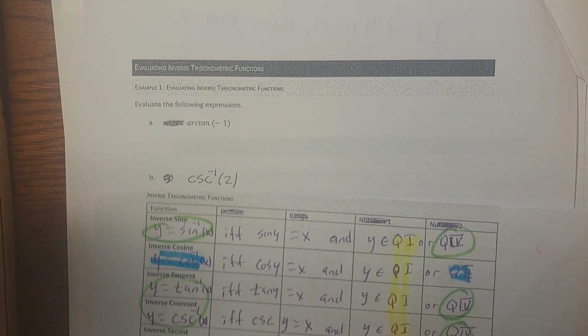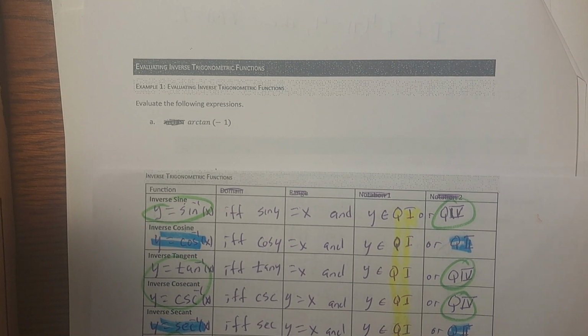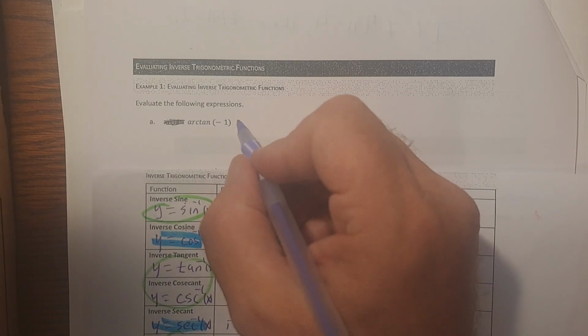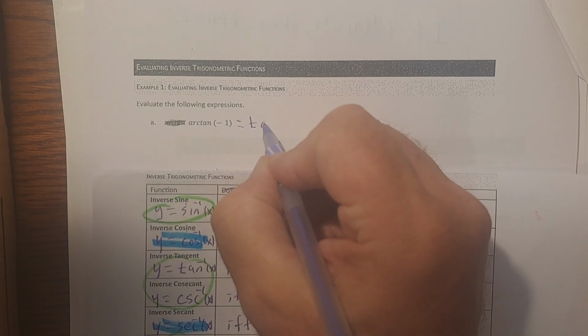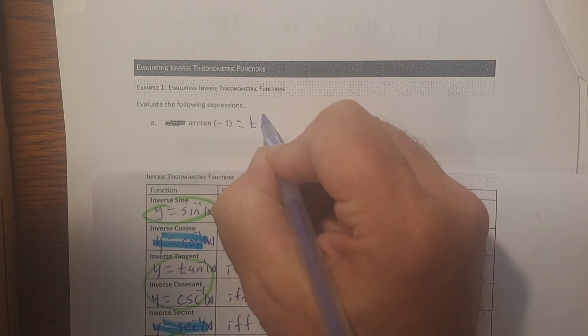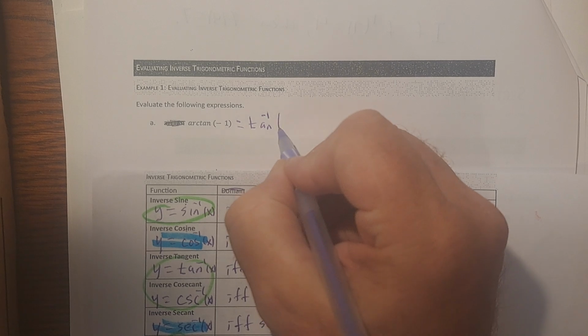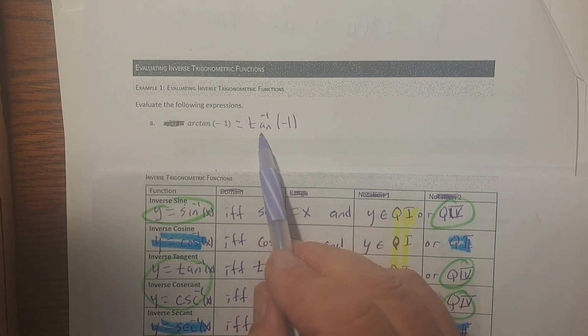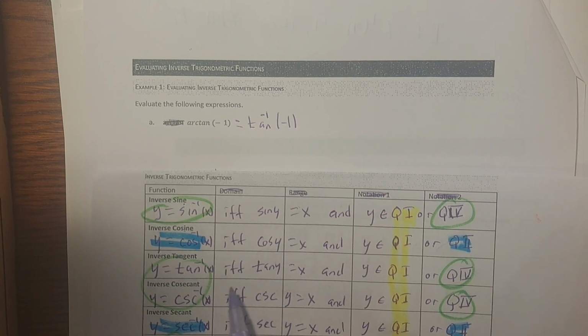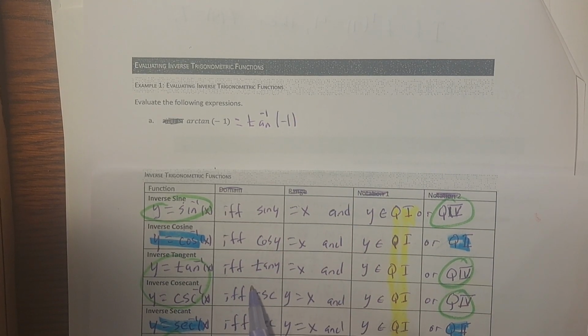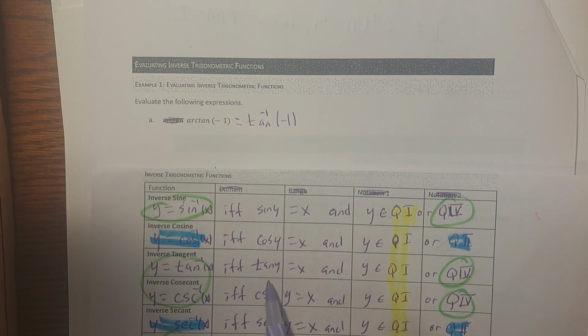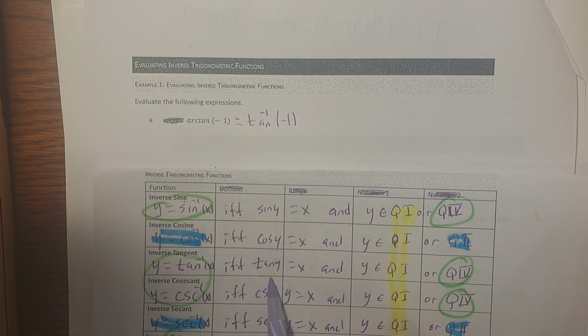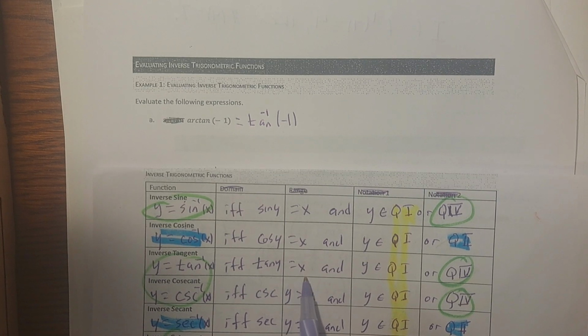Starting with arctangent. Now arctangent is just another name for inverse tangent. They mean the exact same thing, and I'll write it the inverse tangent way. And then I'll figure out what the inverse tangent of -1 is, because that's the same thing as saying the tangent of y is -1.